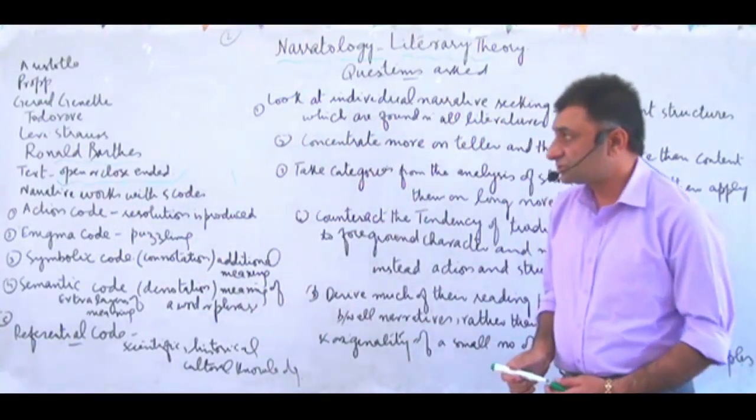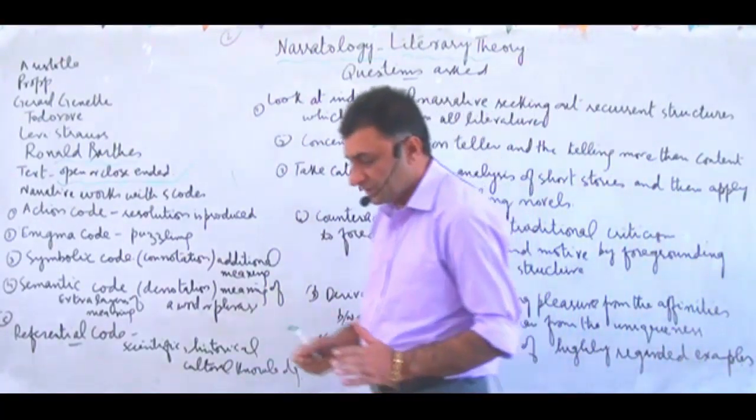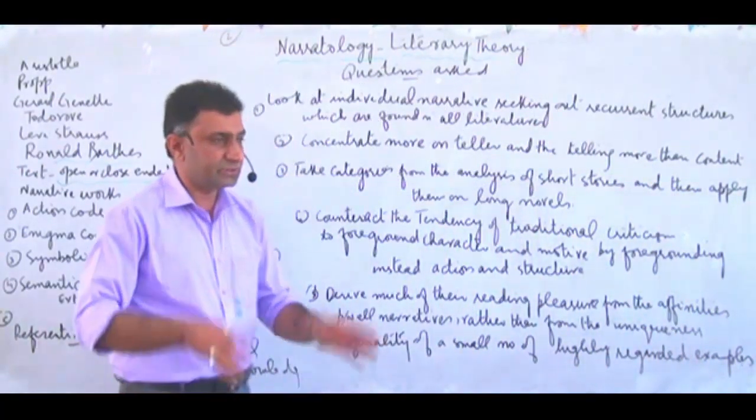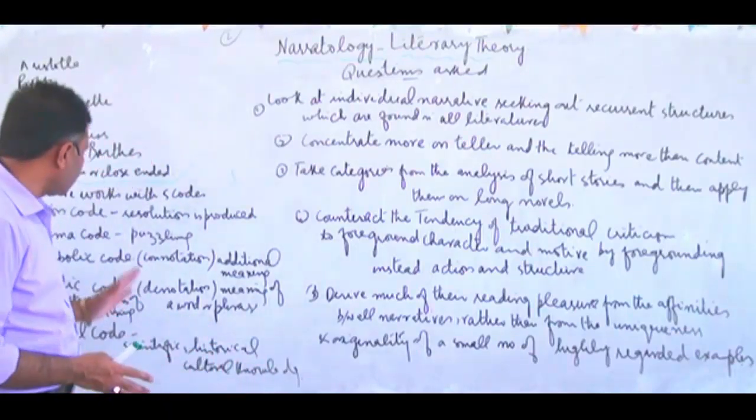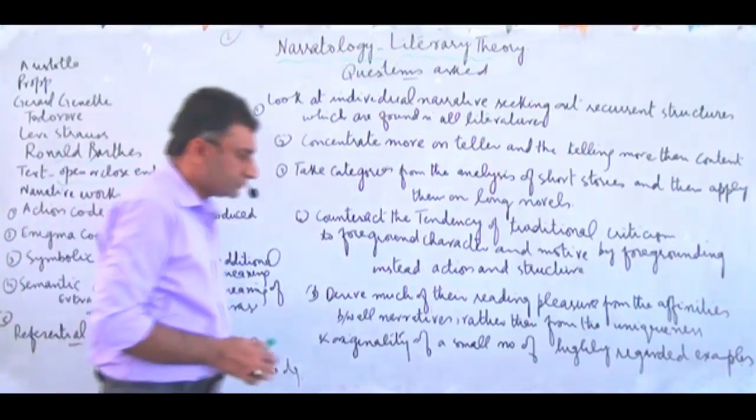As far as narratology or narrative structures are concerned, he is also a structuralist, and he is very famous for five codes, which are called narrative codes.